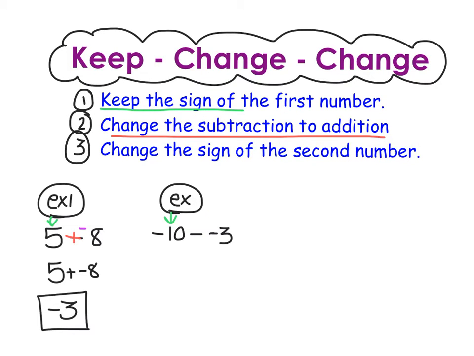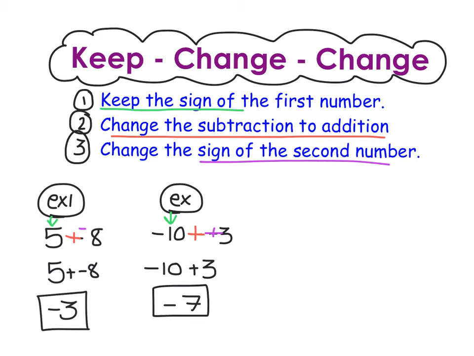We then change the subtraction to an addition, and then we change the sign of the second number to be positive. So negative 10 minus negative 3 can be rewritten as negative 10 plus 3, which is a lot easier to look at, and if we use our number line or other strategies to add, we find a result of negative 7.